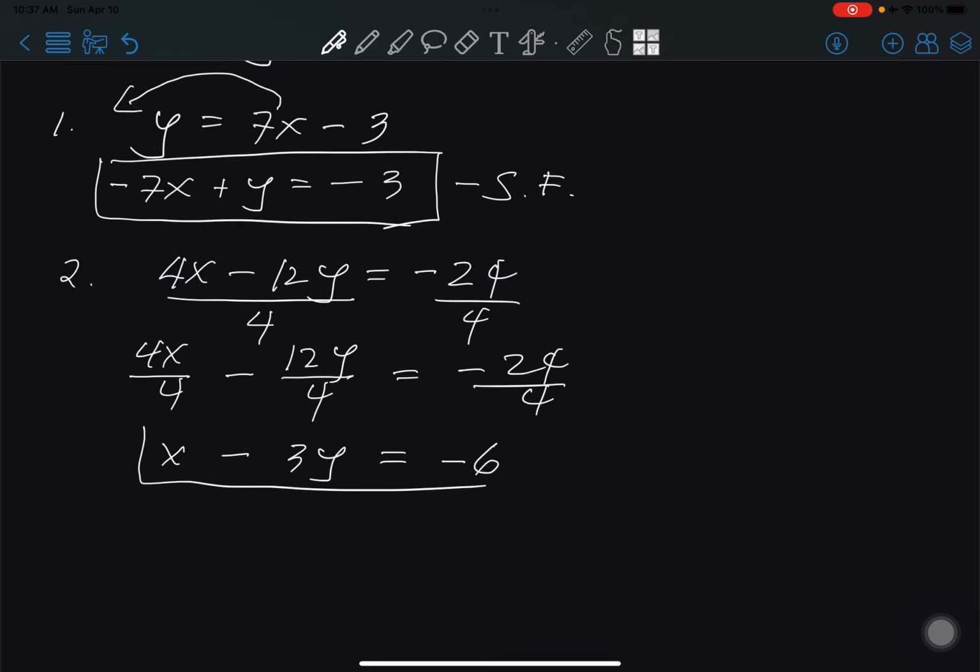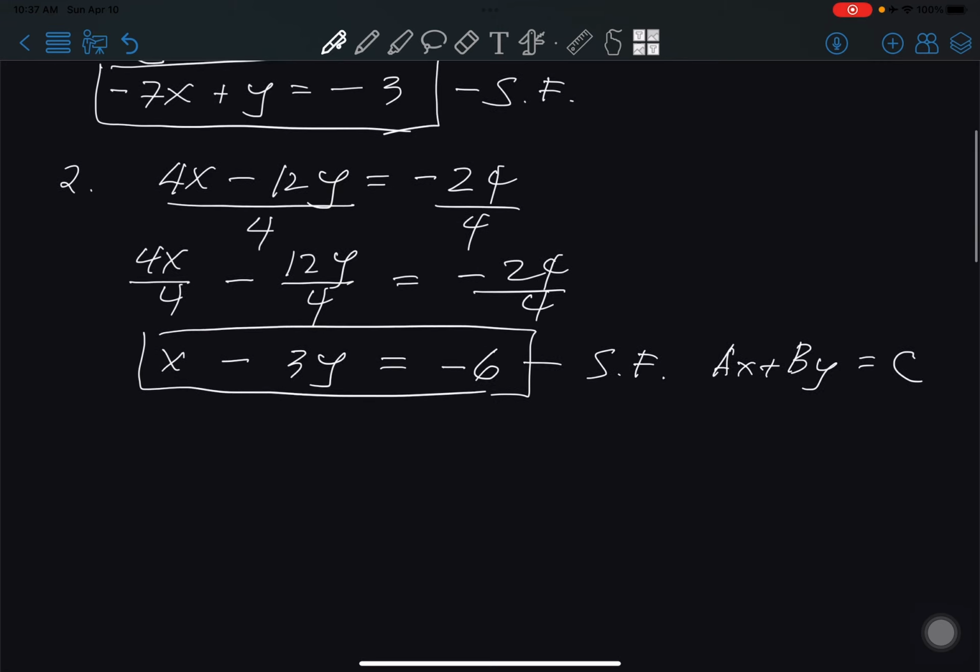And this is now in the standard form. Okay, it is already in the standard form. Why standard form? Because it already follows our pattern ax plus by is equal to c.